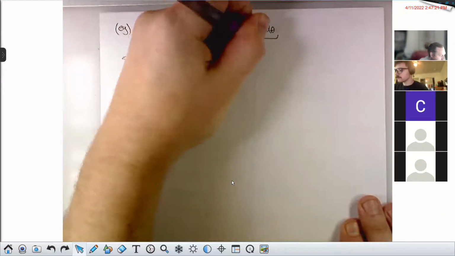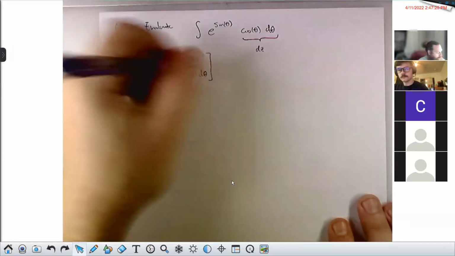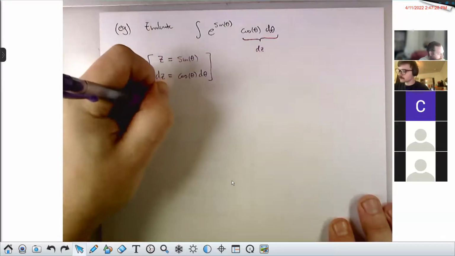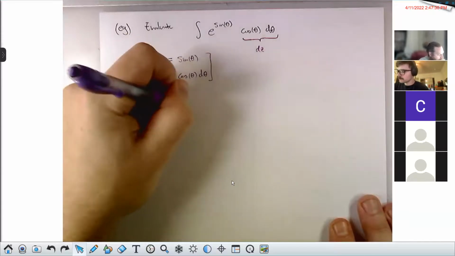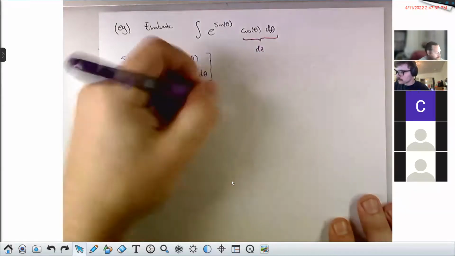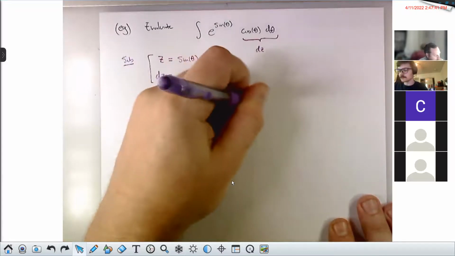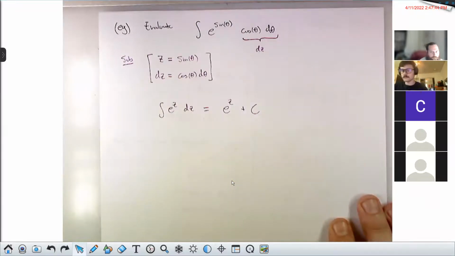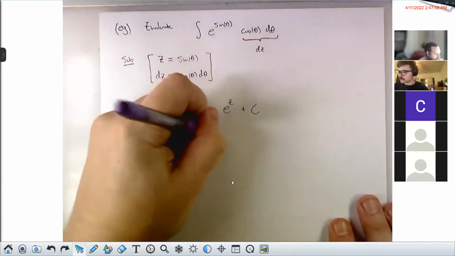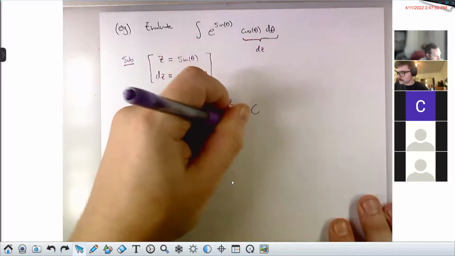You've got exactly what you need to make the substitution work. So your integral becomes integral of e to the z dz. And that's very nice because e to the z is its own antiderivative. And then we just replace z by sine theta.